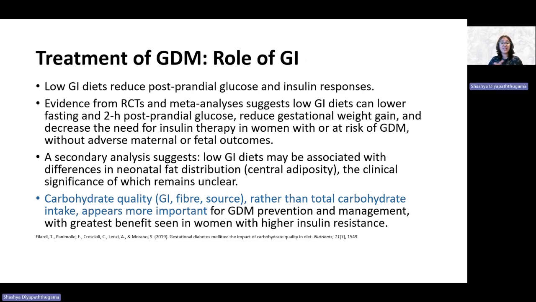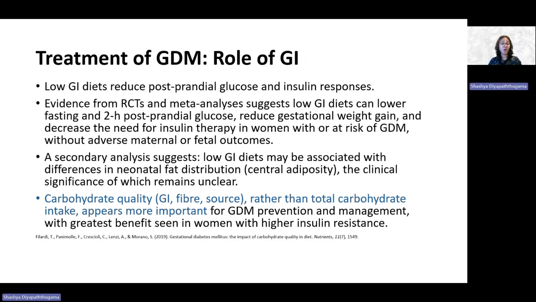And also, it suggests that low GI diets are associated with differences in the neonatal, that is the baby's, fat distribution or central adiposity. So that prevents central adiposity. However, the clinical significance still remains unclear according to this study.